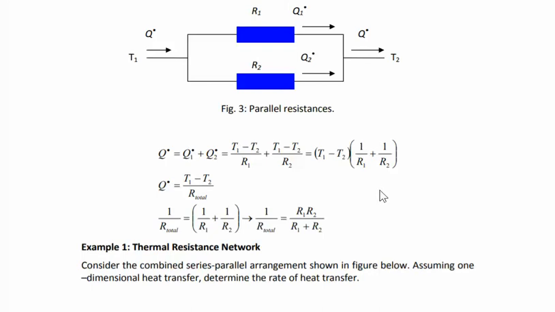Let's take an example of the thermal resistance network. For this, consider the combined series parallel arrangement shown in the figure. The figure will be shown by me after the question. Assuming one dimensional heat transfer, determine the rate of heat transfer.